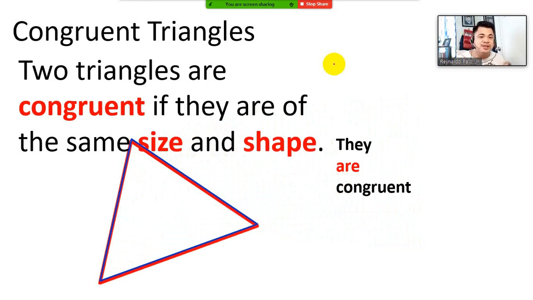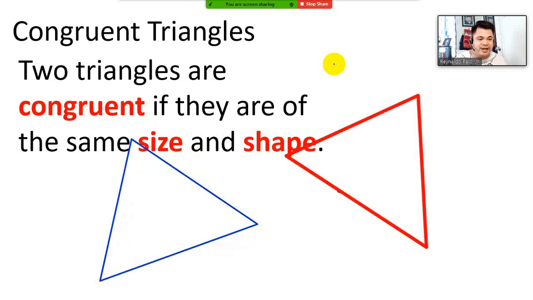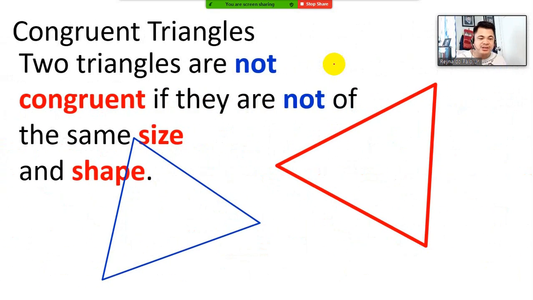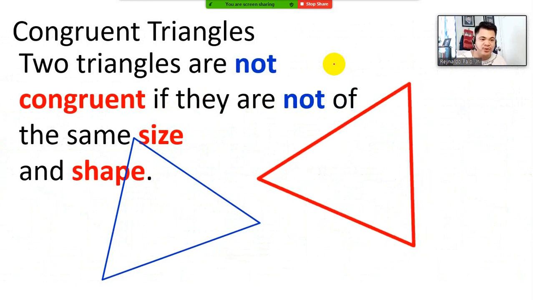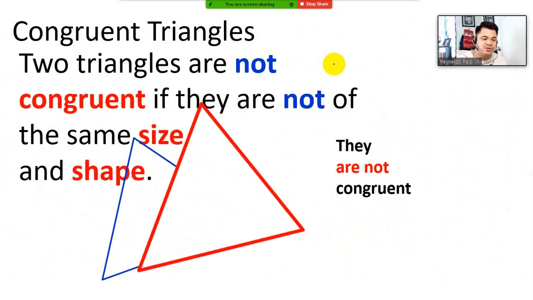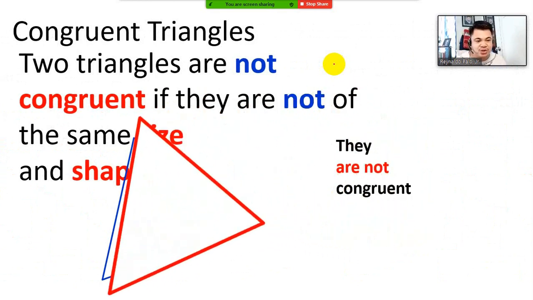What is common is that the sides or segments are congruent and the angles are congruent for us to say that these two triangles are congruent. The other way around, two triangles are not congruent if they are not of the same size and shape. If we put together the blue triangle and the red triangle, as you can see, the blue one is smaller than the red. That's why they are not congruent.